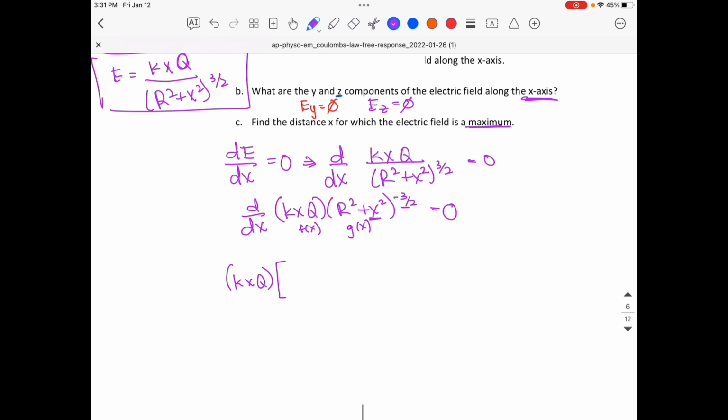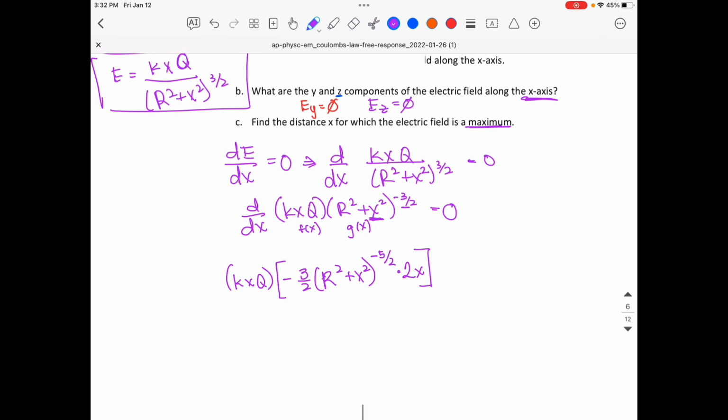This is the chain rule. I take negative 3/2 multiplied to the outside, r squared plus x squared, and the power of negative 3/2 I have to reduce by 1, so negative 5/2. And then I have to take the derivative of the function within the function, which x squared's derivative is 2x.